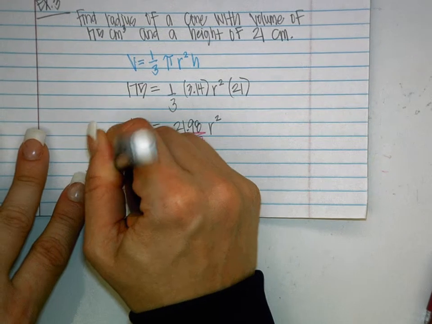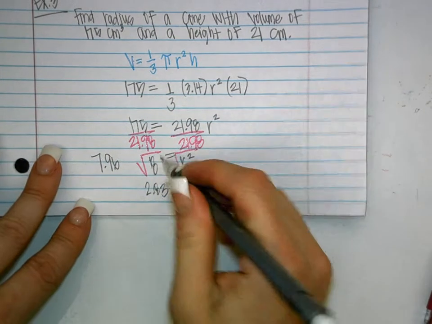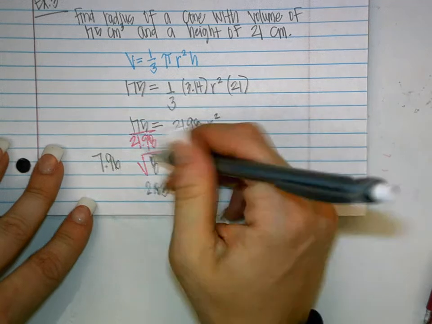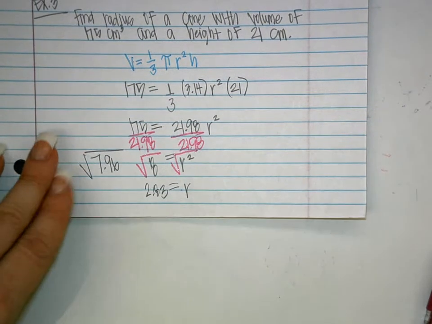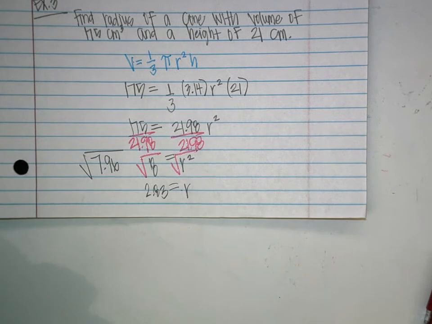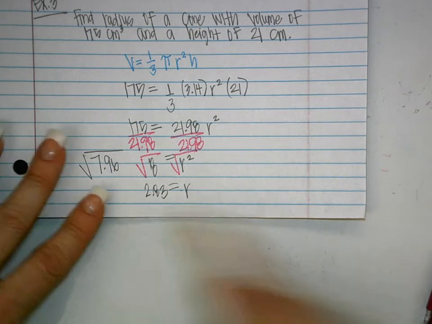I was just showing you the semi-easy way. If you do this and then do the square root, then you don't have to worry. We're always going to round to 2 decimal places on these. Does that make it a little bit clearer? You're going to end up with 2.83 for your radius.